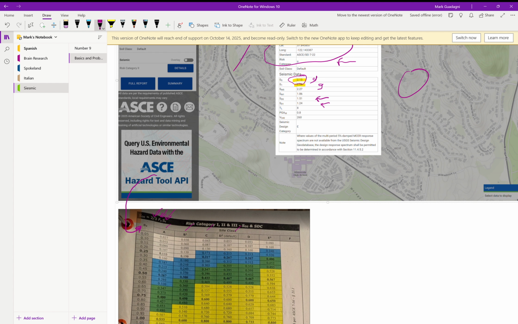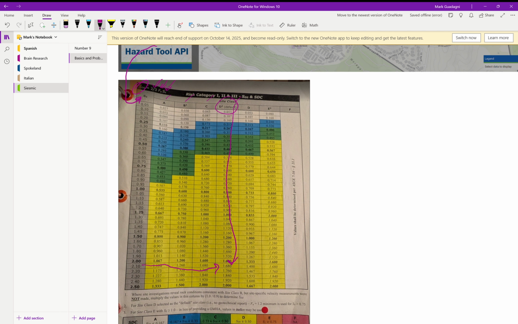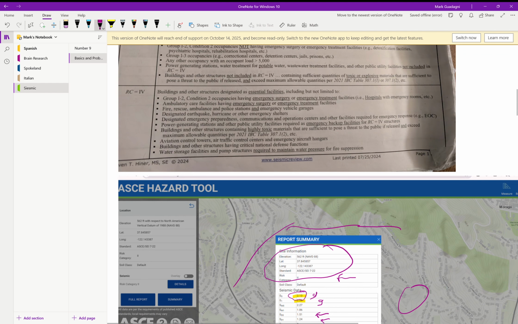So let's say S sub S is 2.13, so I would go to 2.13, I'd have to interpolate, and I didn't do any geological testing, so we're just going to go with this default class. So all I would have to do is just go on this chart without doing any calculations, and then just automatically get my SDS, and that would be my design short factor.